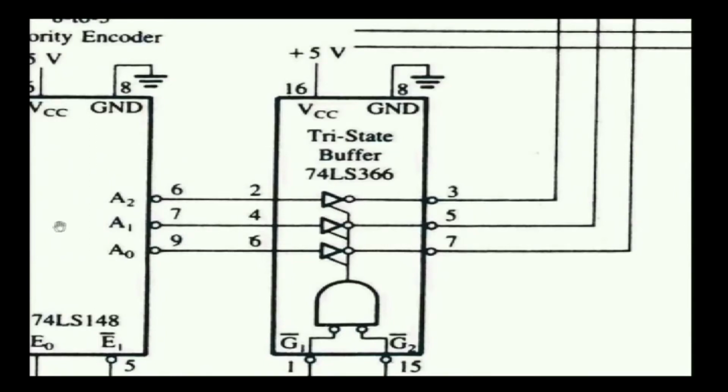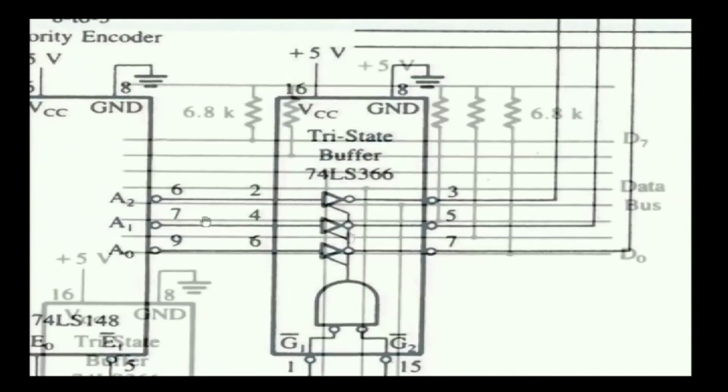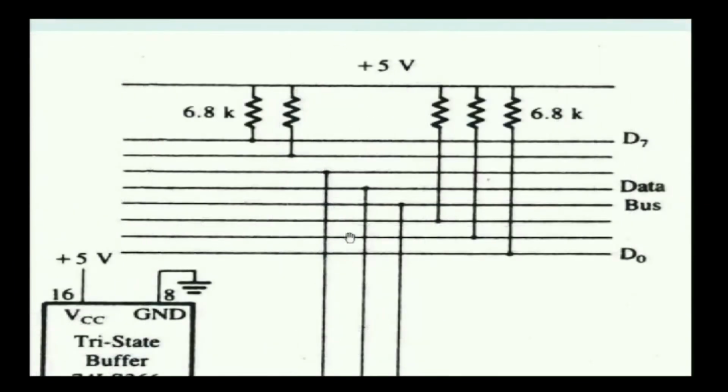Now, we discussed number 4. So, 100 is available on A2 to A0, and it will be passed here also as 100. The next step, by default this signal is passed to the data lines.